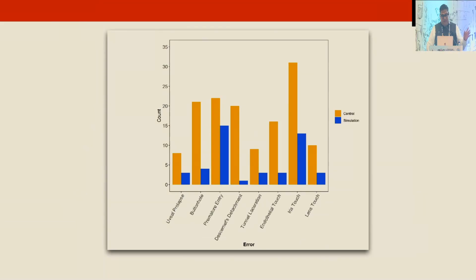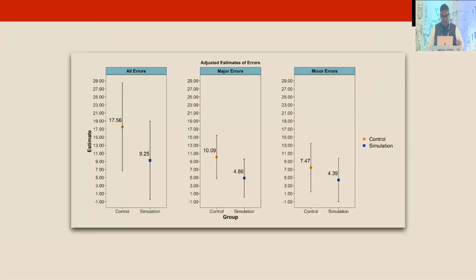They saw that these are each of the errors that you see now. The control group is the orange bar, the errors by trainees who've not learned surgery on the simulator, and the blue is the errors by trainees who've learned surgery on the simulator. Every single error was quantitatively lower in the simulation group than the non-simulation group.